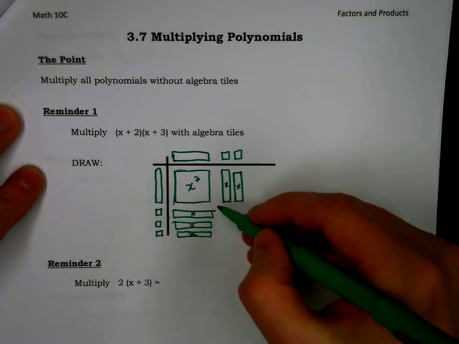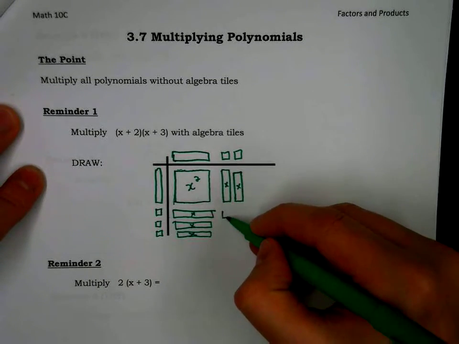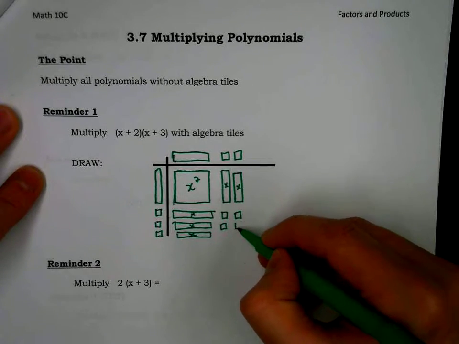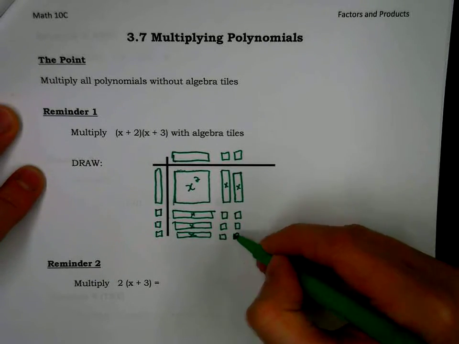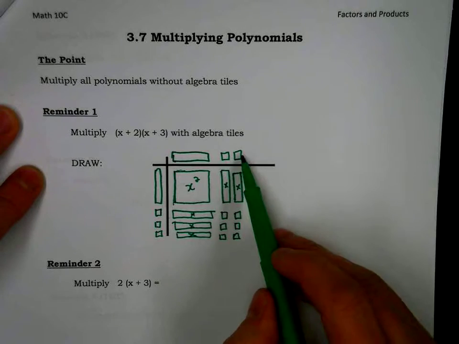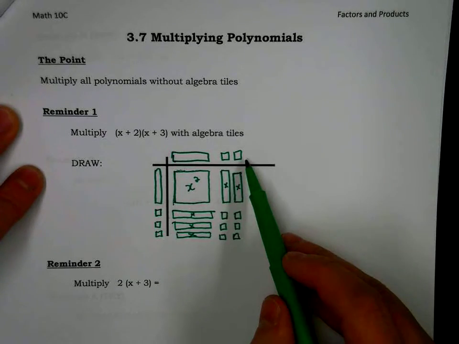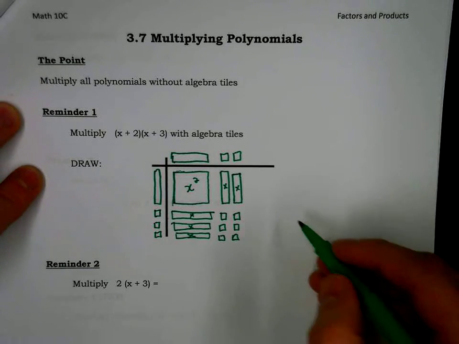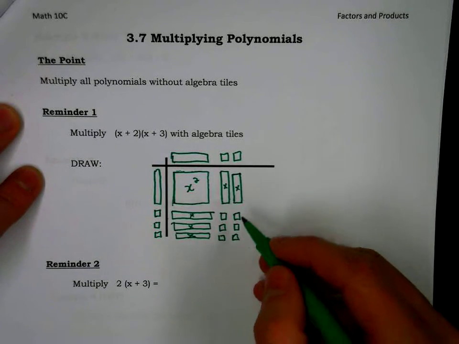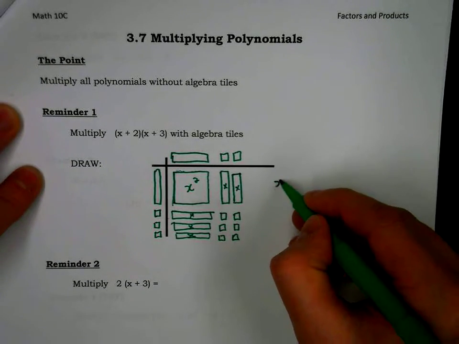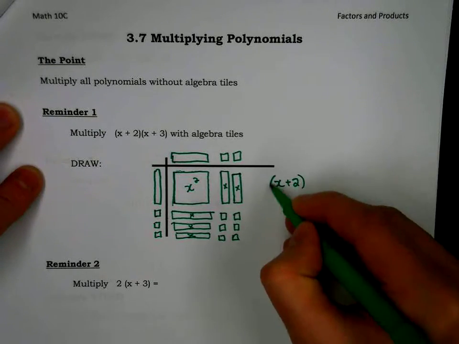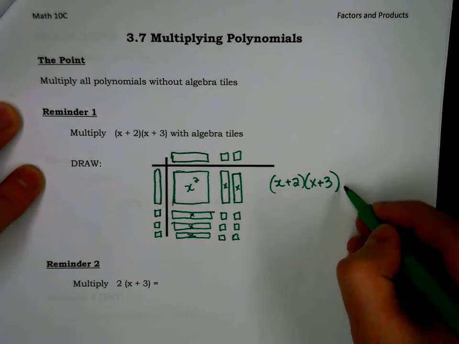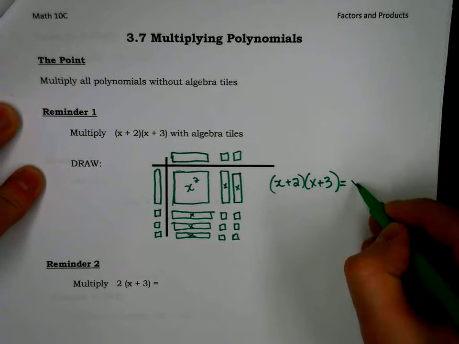Now we do have a 1 times a 1 that makes a 1, and this happens a few times. Ultimately, when we're combining all the like terms, what we have for a product of x plus 2 times x plus 3 is 1x squared.